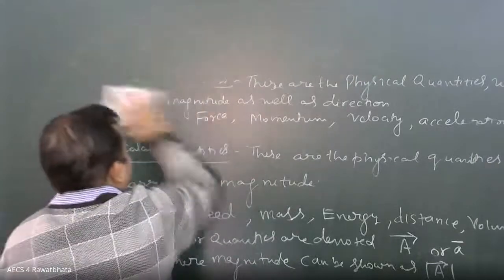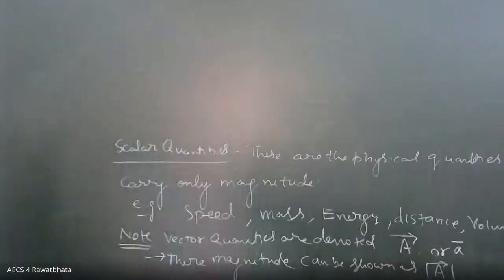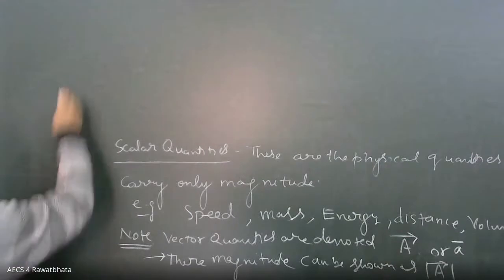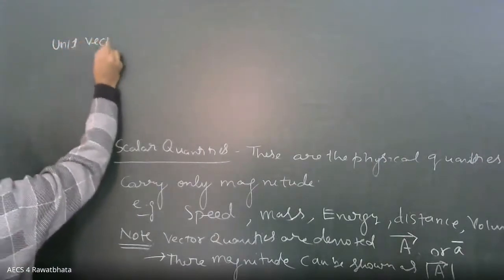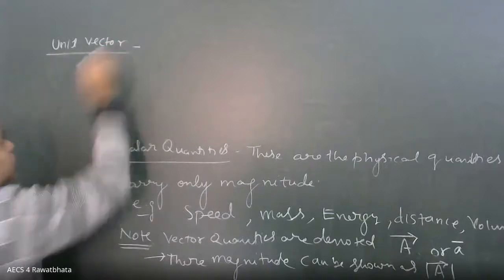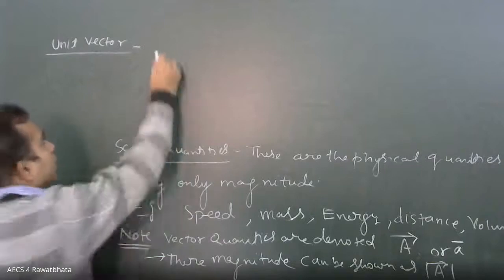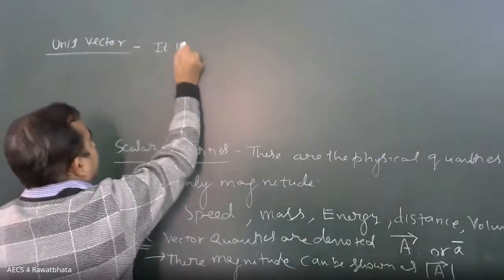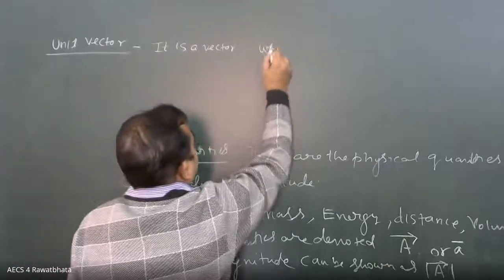So there are some particular vectors which we use again and again, like the unit vector. You can make a guess what a unit vector should be. It is a vector whose magnitude is 1.